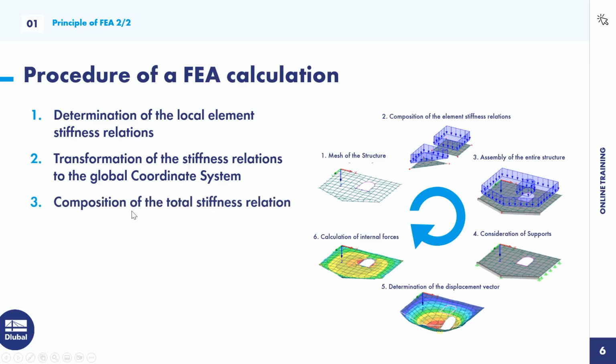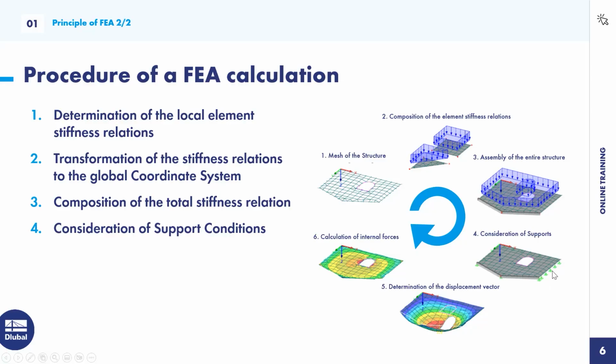So let's go. Now we have the total stiffness matrix K. And in the next step, we will use our support conditions. We can see it there, and use it within the displacement vector. So, for example, for this edge of the slab, we have a line support.